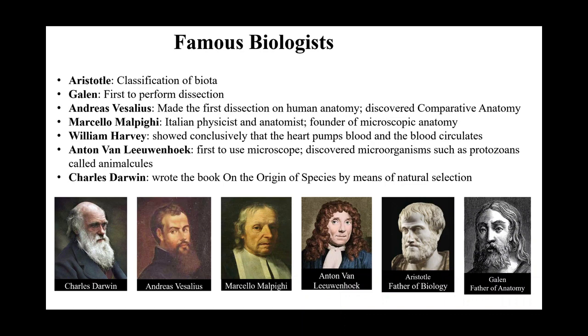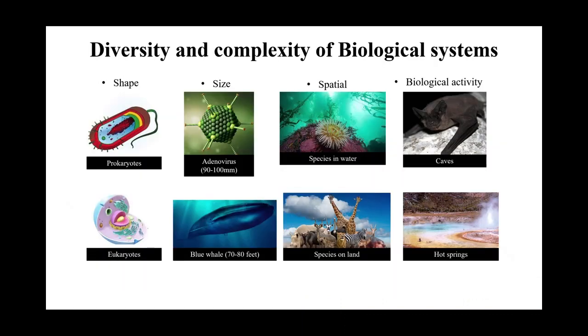And most importantly, Antonie van Leeuwenhoek, who was the first to use a microscope, with which he discovered microorganisms such as protozoans, a class that is used in the classification of organisms. And last but not the least, Charles Darwin, who wrote the book On the Origin of Species and gave us the concept of natural selection, which underlies most of the evolutionary processes that we see in nature.